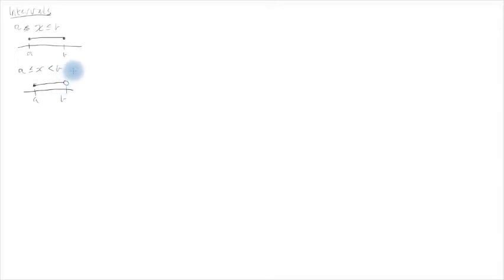Now, there's also an alternative notation for intervals, and it's using brackets. We've got a choice between using regular old parentheses, the circular brackets, or these square brackets. The circular brackets basically mean not including, and the square brackets mean including.